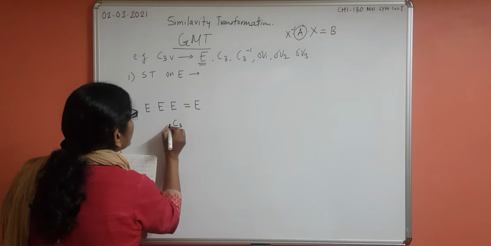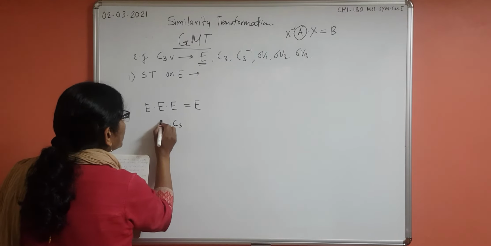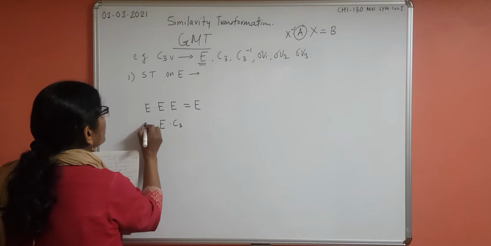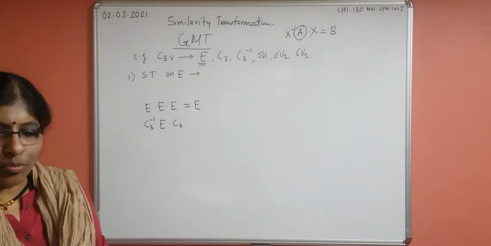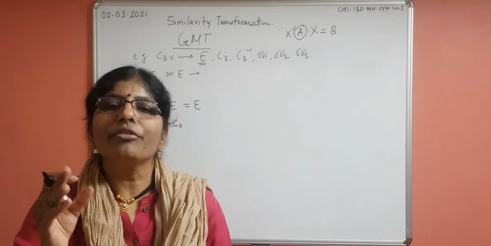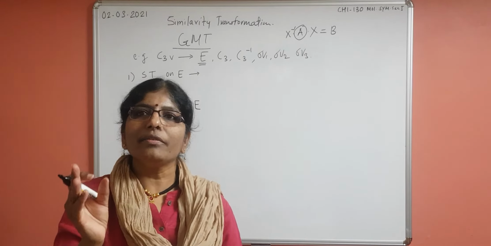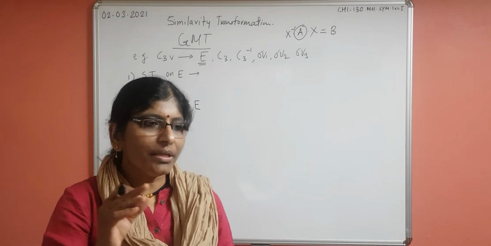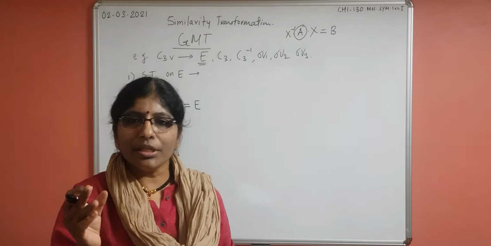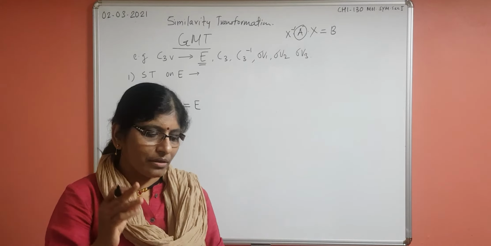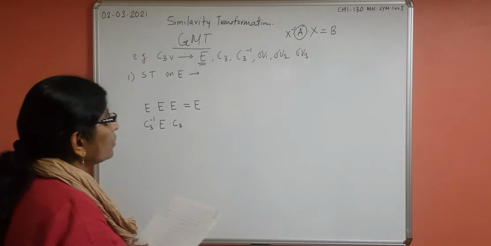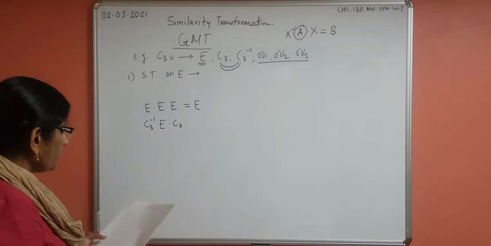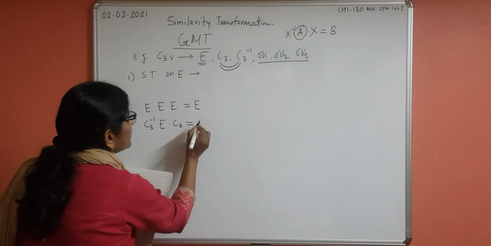Second element is C3. We are going to do similarity transformation on identity. Inverse of C3 is C3 inverse. Here we'll need the inverse of all symmetry elements. You have to keep in mind the inverse of C3 is C3 inverse and C3 inverse is C3. Similarly, sigma V1, sigma V2, sigma V3, the planes of symmetry, are always self inverse; each has its own inverse. You need to get the answer for this.